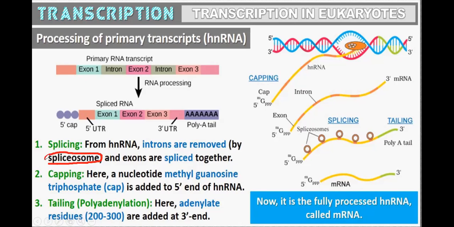The exons are spliced together: exon 1, 2, and 3 are joined.